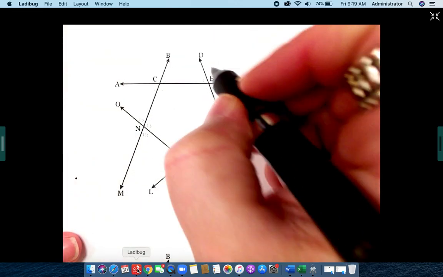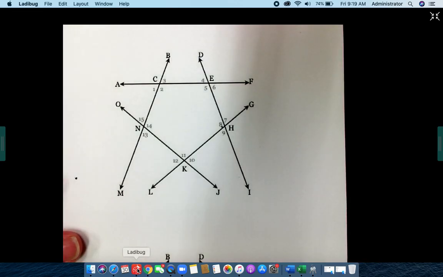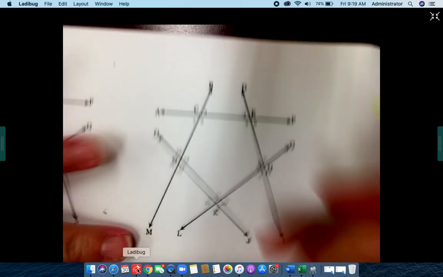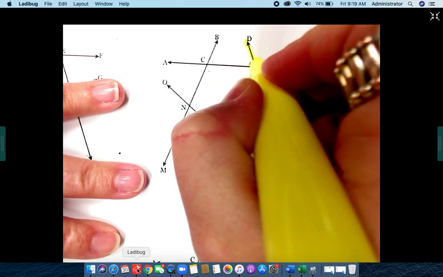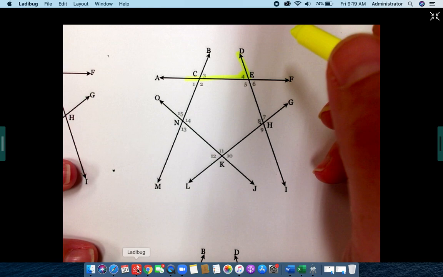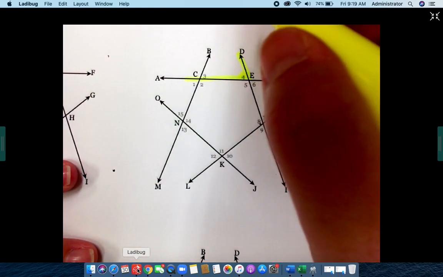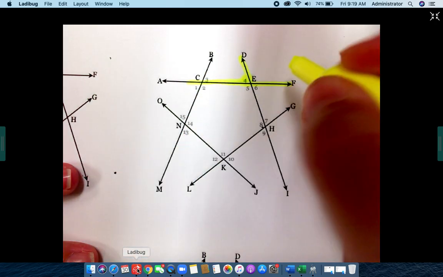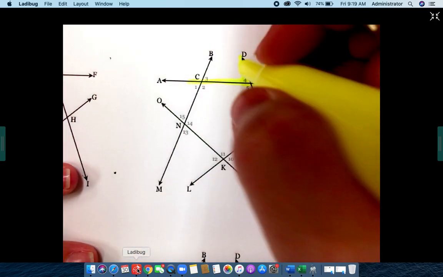So locate DEC first. So DEC, use a highlighter instead of a pen. DEC is 4. And they want to know which one is supplementary. Supplementary is the one that forms a straight line. So it could be E, but E is not a number, and they want us to find the number.